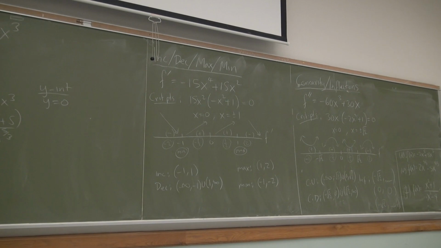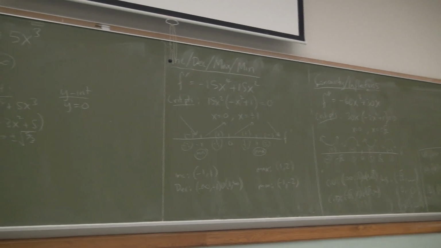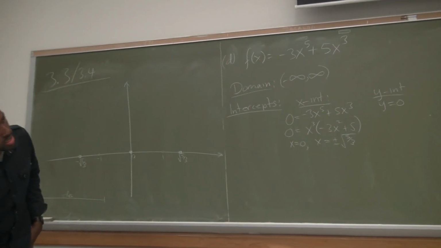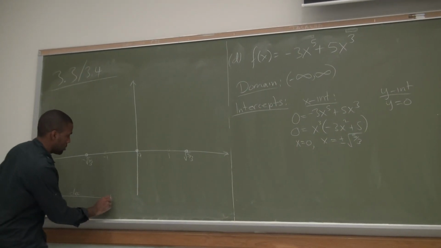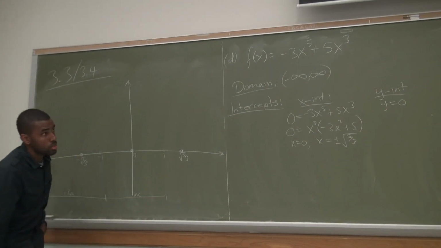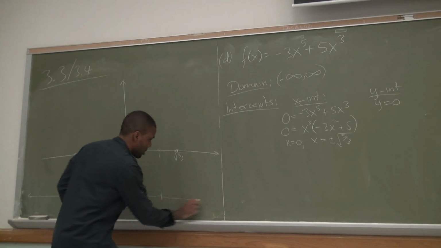Okay. So we have decreasing all the way down to -1. We are increasing all the way to 1. So we're increasing all the way here, and then we're decreasing again all the way back.